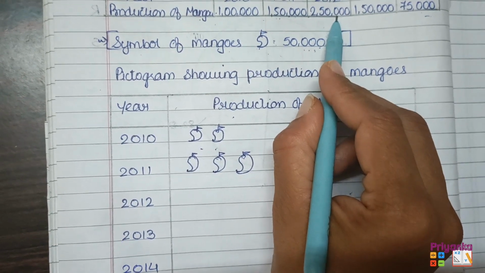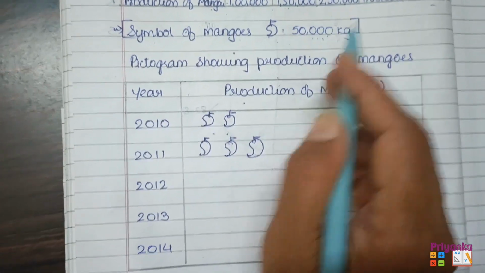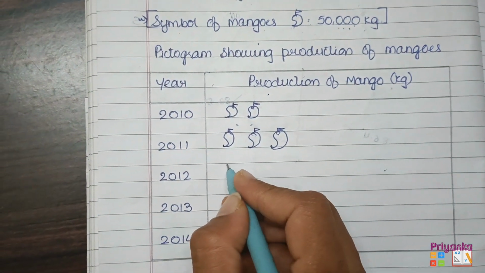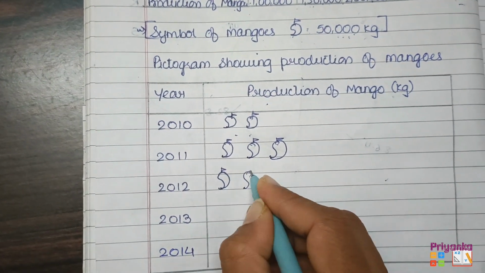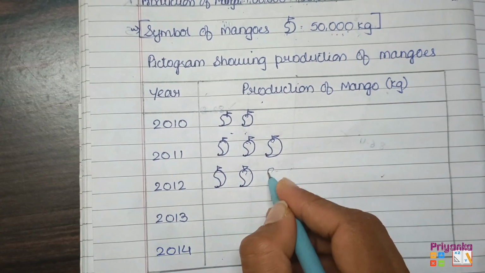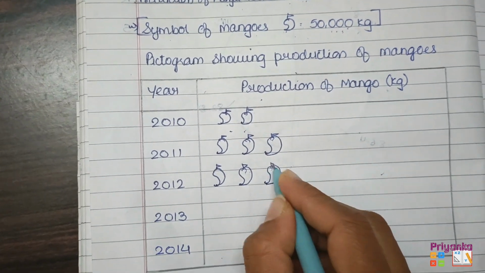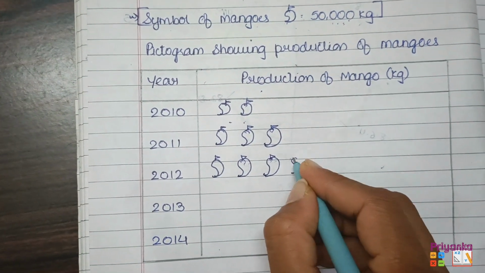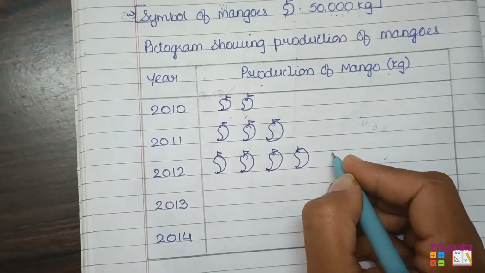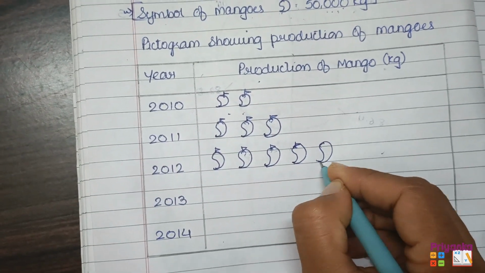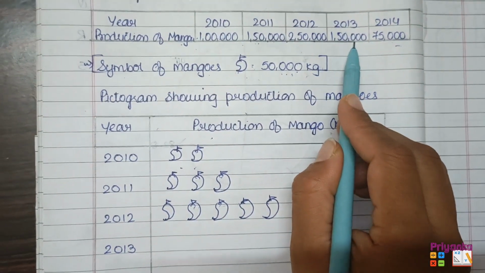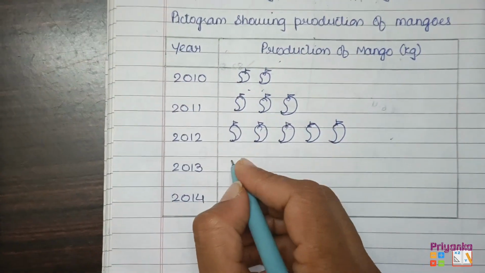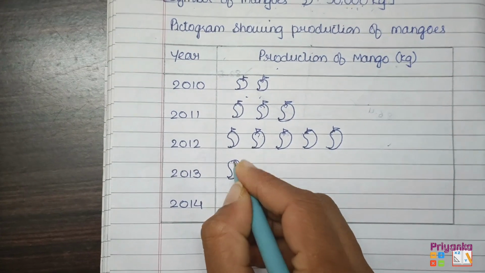So here we need 5 symbols of mangoes to show 2,50,000 kg. Here the only important thing is to make a proper symbol which has been asked in the question. Next is 1,50,000. So again 3 mangoes will be displayed in the year 2013.